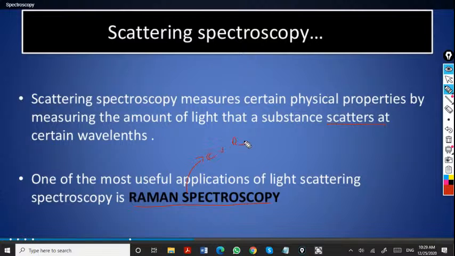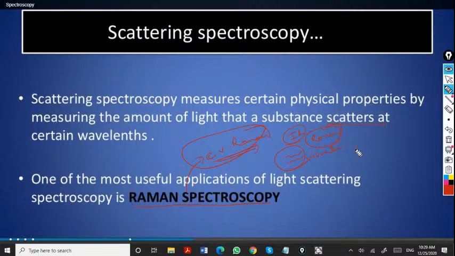What changes occur in the molecule in Raman spectroscopy? It is also about vibration. So IR spectroscopy and Raman spectroscopy are both vibrational spectroscopy only.